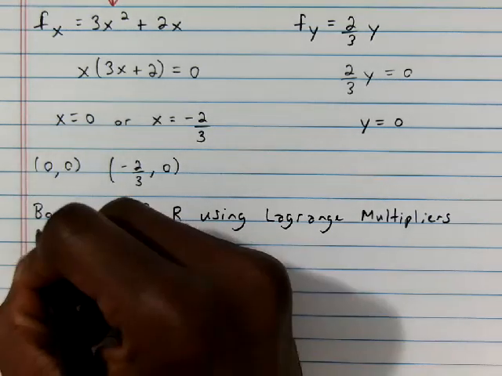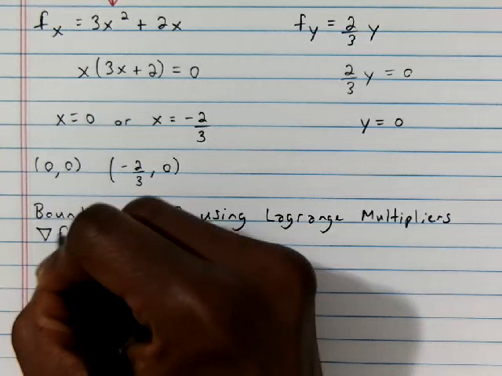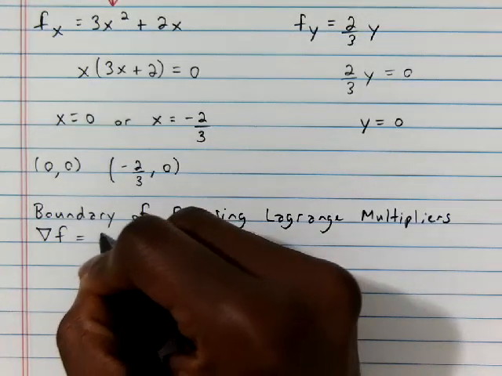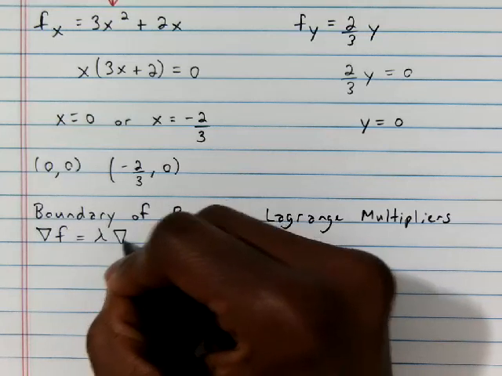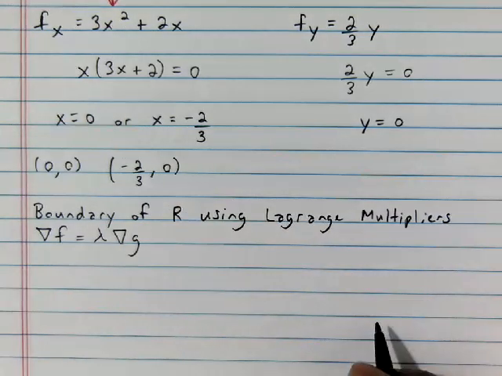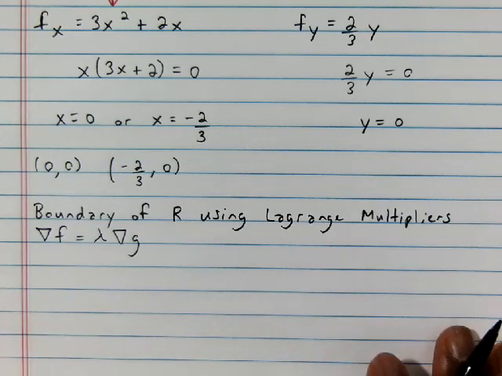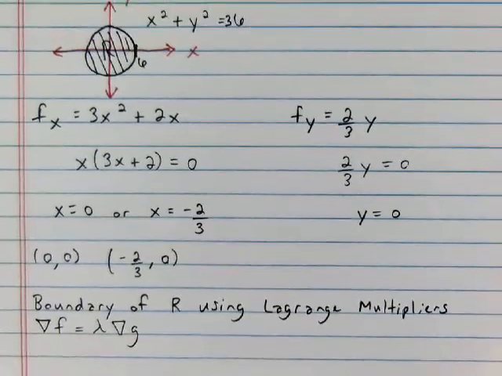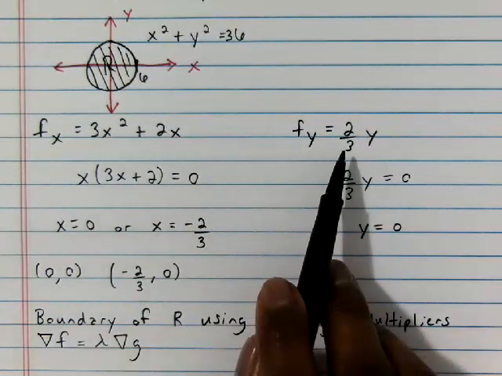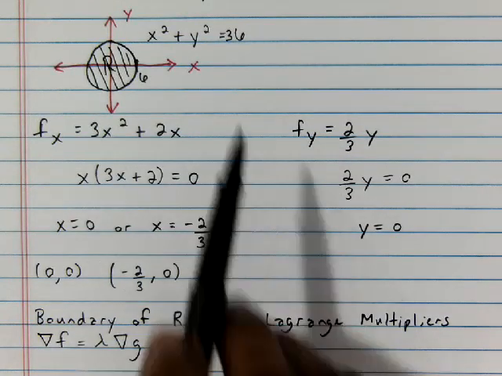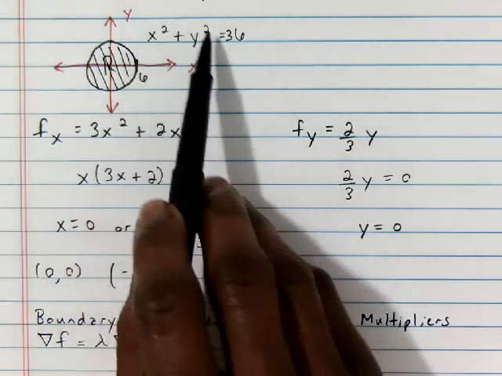So for Lagrange multipliers, we have the gradient of f equals lambda times the gradient of g, where our g is x squared plus y squared. Let's go up so we can see what we're doing. We have the gradient for f already here, and then the gradient for g. This x squared plus y squared is our g.